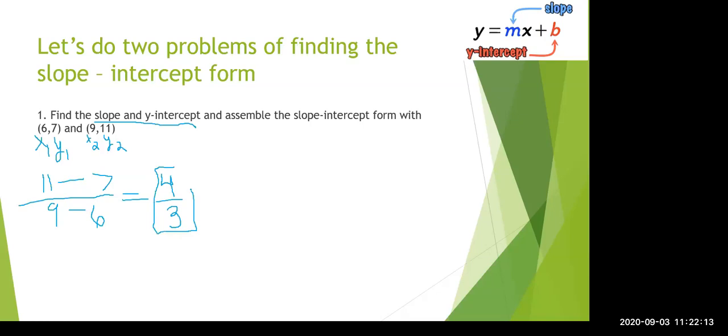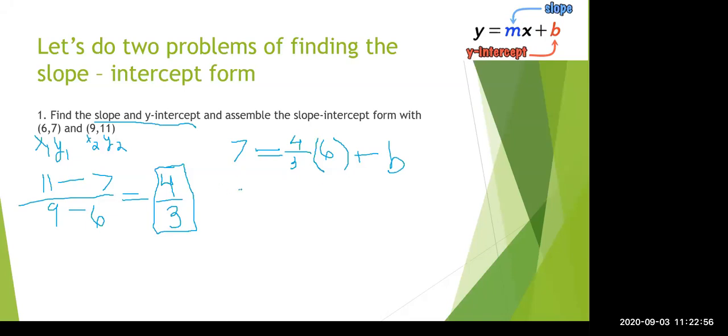So now since we know that this is the slope, we'll try to find the y-intercept. So now we'll just take any of these two points. You could take this point or you could take this point. So I'll just take 6, 7. So first I'll plug in 7 equals the y. Then I'll do 4 divided by 3, and then it's 6, because that's the x-coordinate, plus b, since we're trying to find a y-intercept.